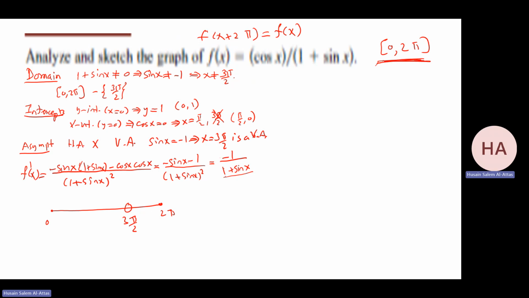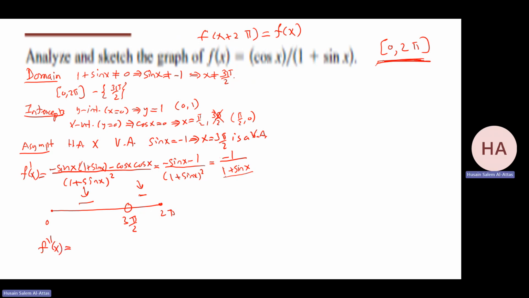Interesting. Take 0, for example: sine 0 is 0, so I have negative. Up to 3 pi over 2, I have the third quadrant. Sine is negative, but cannot reach 1. So this is still negative. So it's decreasing.